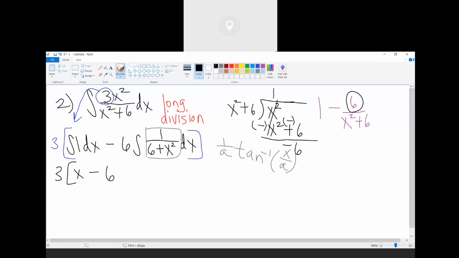And to find a, let me put this over here to explain. You'll see in your formula, this is in the form 1 over a squared plus x squared. That is inverse tangent.